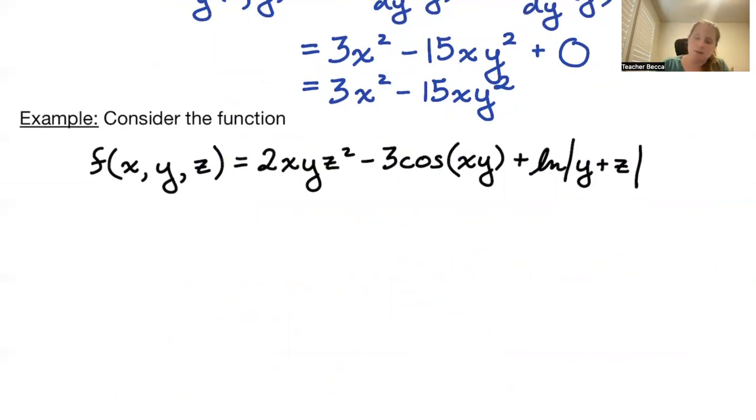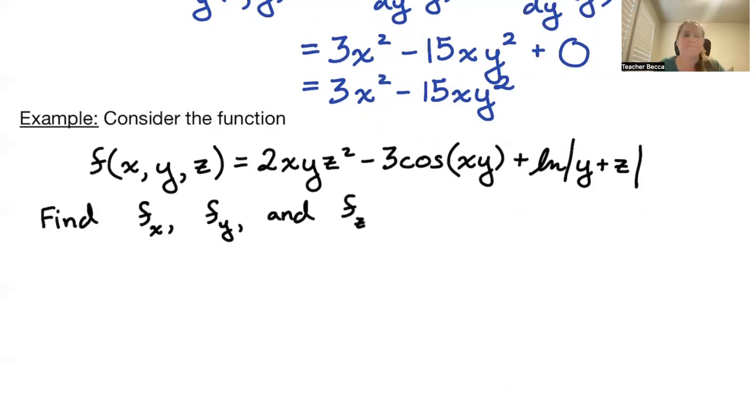I didn't actually write the question. The question was supposed to be: find the partial with respect to x, the partial with respect to y, and the partial with respect to z. Here we have the function f of x, y, z equal to 2xyz squared minus 3 cosine of xy plus natural log of the absolute value of y plus z.